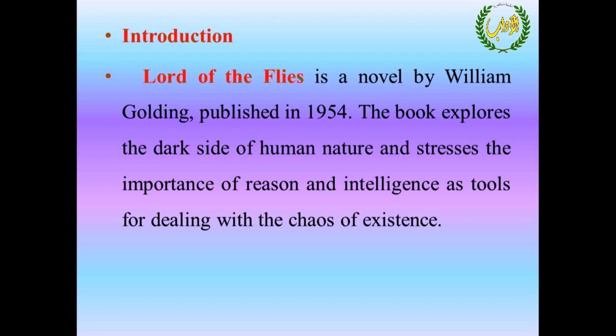The novel deals with a very important aspect of human being. It deals with goodness and evil in a human being. A very big question is posed by the author: what is goodness and what is evil, and when and where they manifest themselves in human beings.